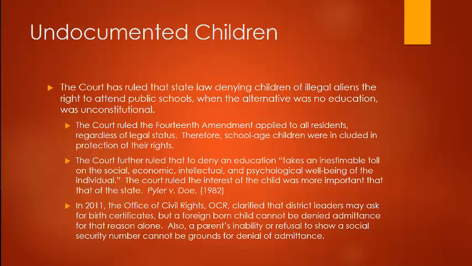The court further ruled in this case of Plyler versus Doe that to deny an education, quote unquote, takes an inestimable toll on the social, economic, intellectual, and psychological well-being of the individual. And therefore, the court ruled the interest of the child was more important than that of the state. So again, what we're looking at here is that balance of rights.